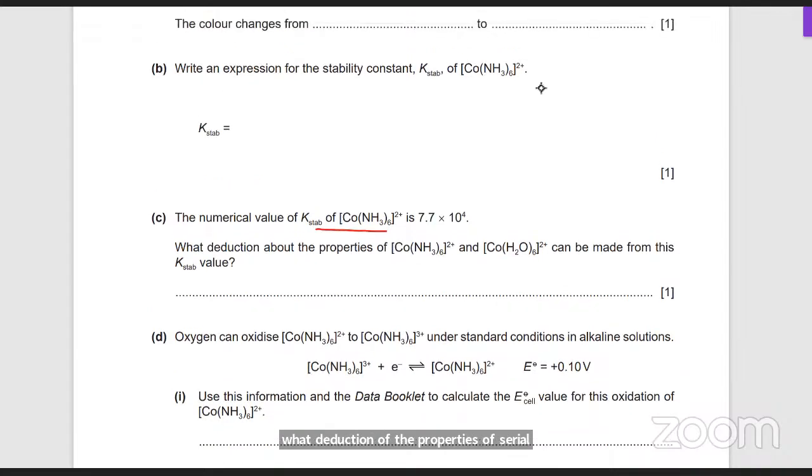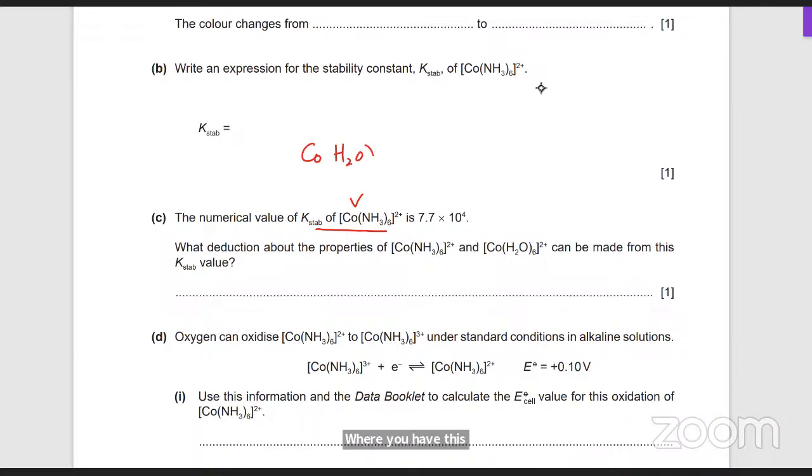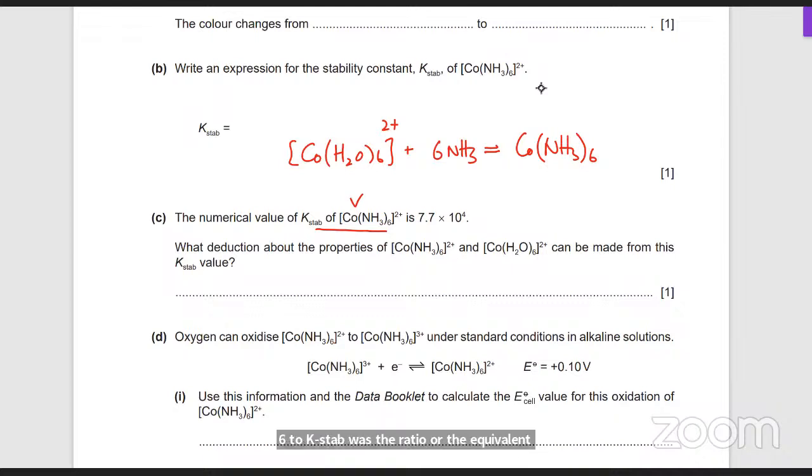K_stab is the ligand exchange reaction in aqueous solution, where water, cobalt in water 6, what is the charge of cobalt? I think it's 2+. Then you add 6 NH3s, so there's going to be a ligand exchange. K_stab is the equilibrium constant of a ligand exchange where a particular complex is in equilibrium with its aqueous solution.